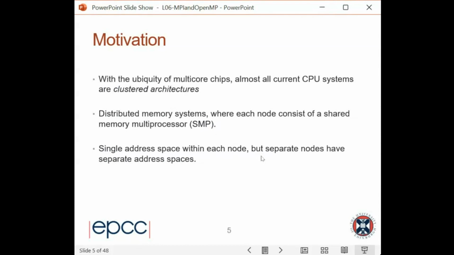But within a node, the problem we have is that modern operating systems are specifically designed to make it difficult for processes to interact with each other. That's deliberate.